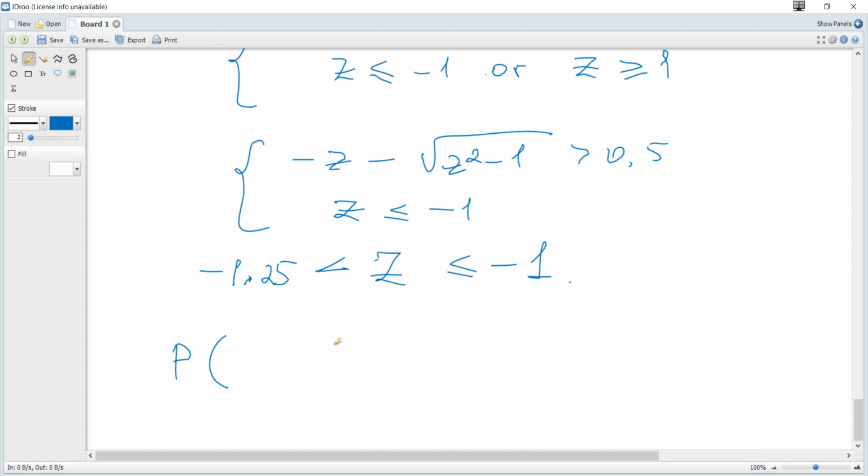So the numerator becomes z is greater than negative 1.25 and less than or equal to negative 1.